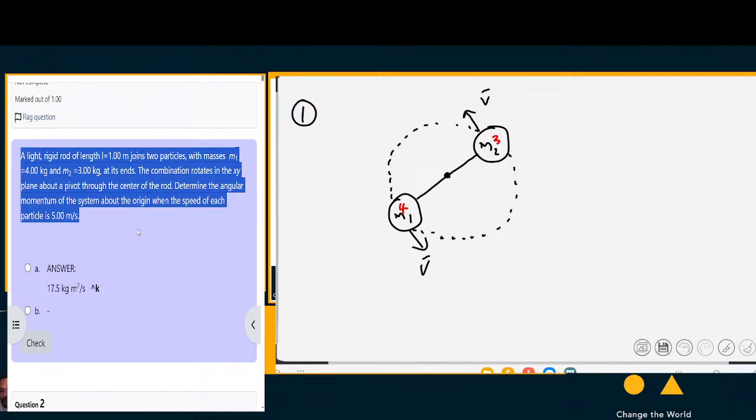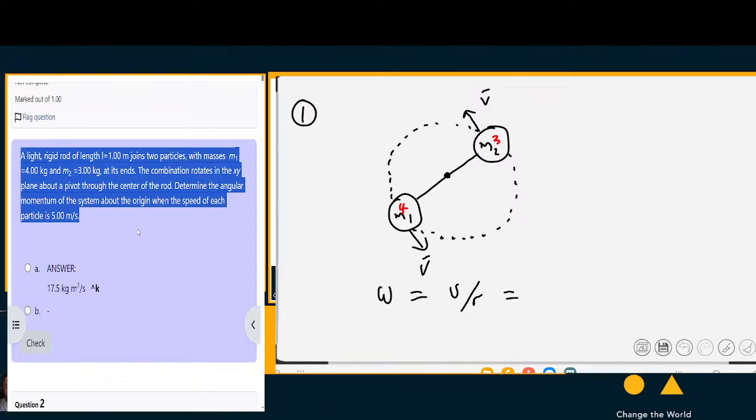Now let's take the geometric center of this compound. Halfway through, 0.5 meters, here's the geometric center like they told us. If we take that to be the pivot, or the point about which it turns, we can say the following: the angular speed, not velocity, is equal to the velocity divided by r, the radius.